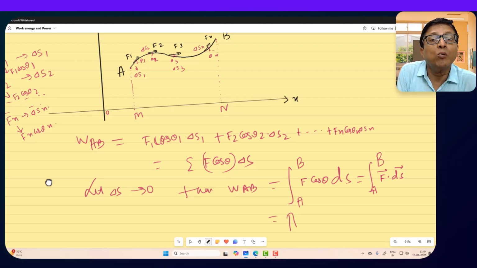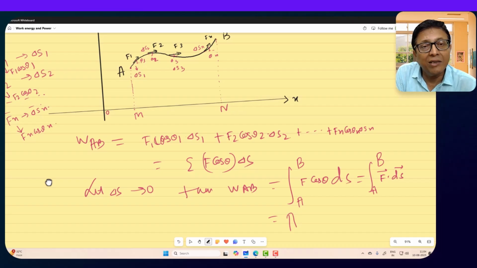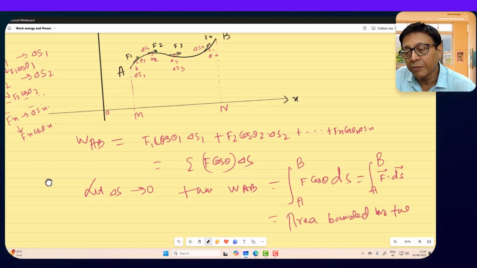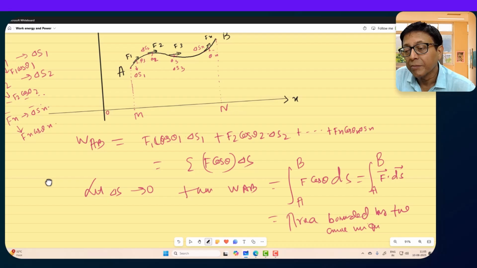F1, what work does it do here? That is area. F2, what work does it do here? F2 into area. That is area with the x-axis. If you add all the areas, then it will be area bounded by the curve. Which curve? F-S curve. This we have taken S or X, whatever, by the curve with x-axis. Clear? Hope you have understood.